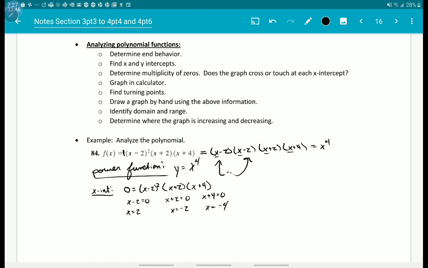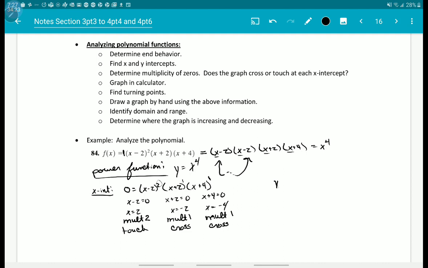Now that 2 has a multiplicity of 2, and the multiplicity is even, so this is going to touch. At negative 2, that multiplicity is odd, is 1. So it's going to cross. And then 4 is also odd. Has a multiplicity of 1, so it crosses. So it's crossing the x-axis at negative 2 and negative 4 and touching at 2.